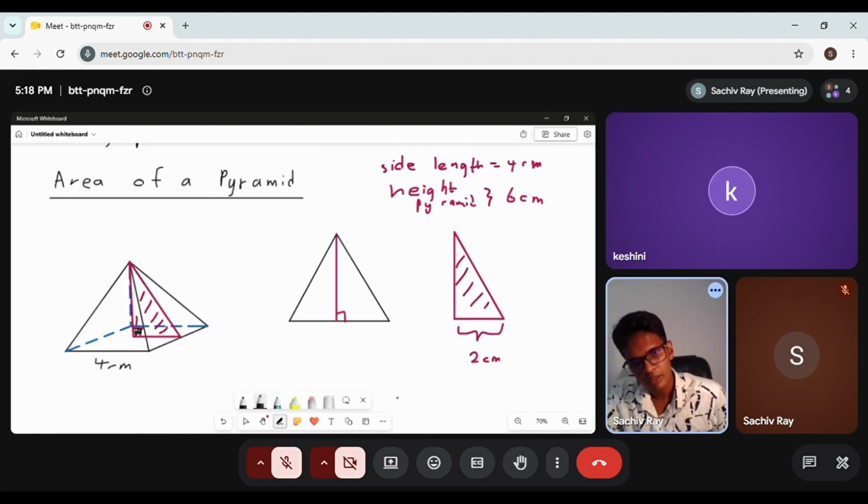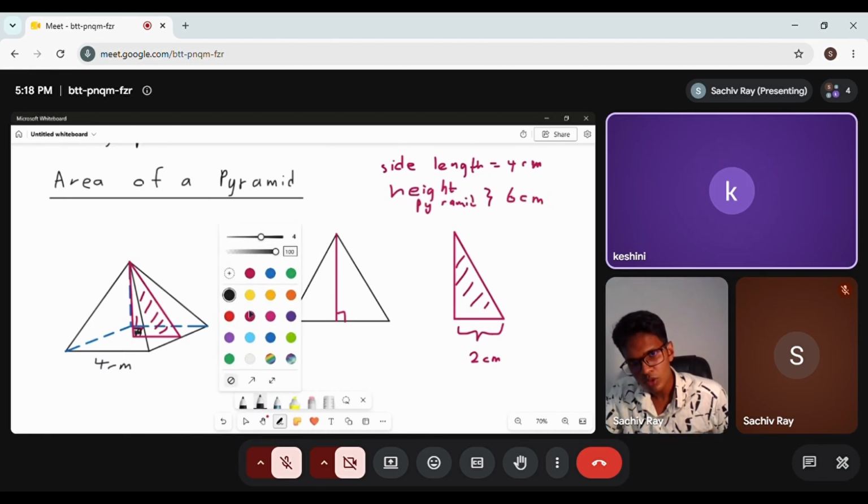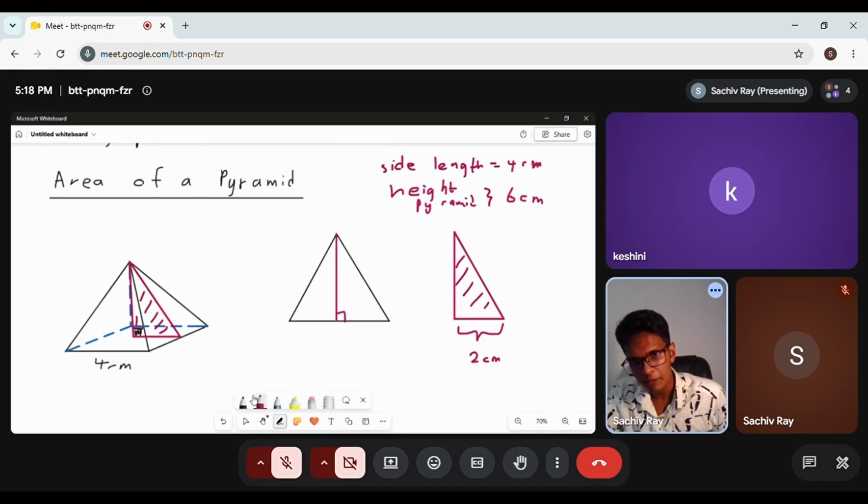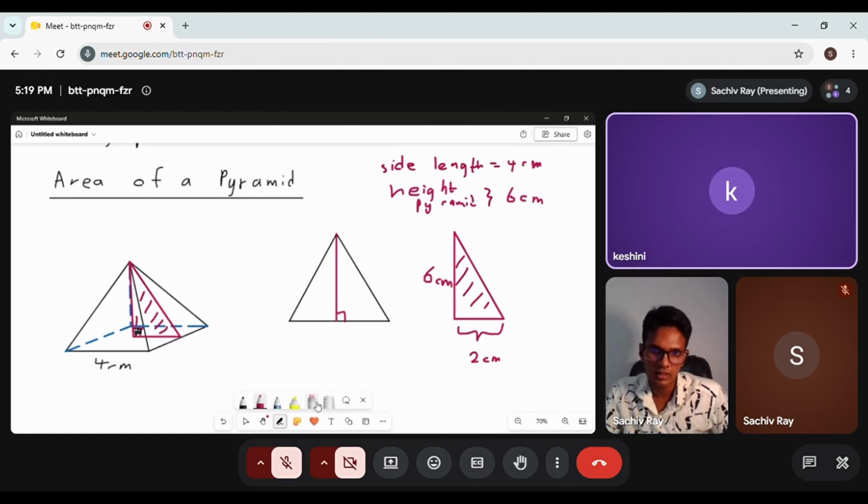So where do we put that height? Over here, because this is from the bottom of the pyramid to the tip. So that will be 6 centimeters.